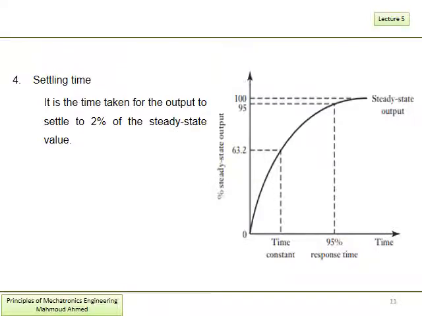Settling time is simply the time taken to settle to within 2% of the steady state value. It means when the response reaches 98%. So the time from 0 to the point where the response reaches 98% is called the settling time.